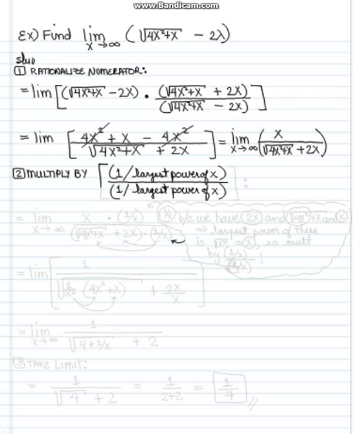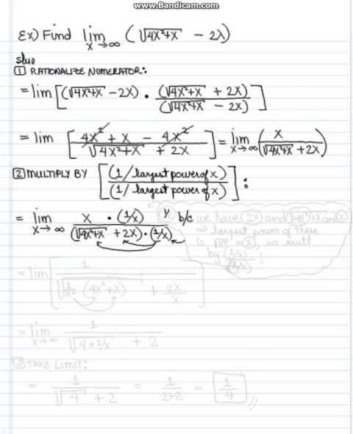When we do that, we will now have the limit as x approaches infinity of x times 1 over x on the top, and then do the same thing on the bottom. That's the square root of 4x squared plus x, and then the second term is plus 2x in parentheses, times the same 1 over x that we multiplied the top. We're going to distribute that multiplication across the bottom.